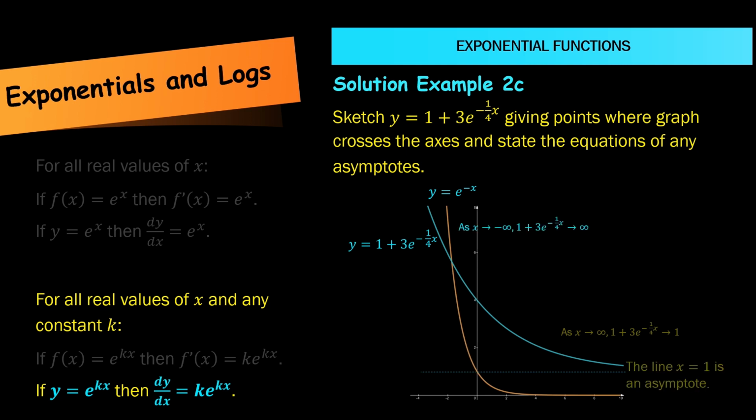Also, as x tends to minus infinity, 1 plus 3e to the minus 1 over 4x also tends to infinity. And this time the graph cuts the axis at (0, 4).